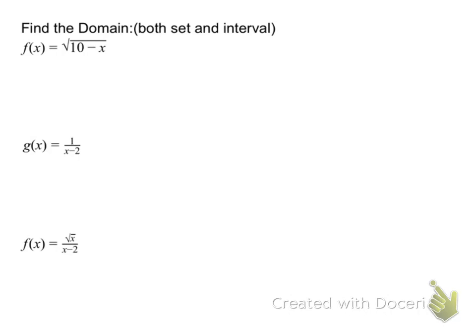It can be 0, right? Can you take the square root of 0? Square root of 0 is 0. So therefore, guys, the domain is where 10 minus x is greater than or equal to 0.